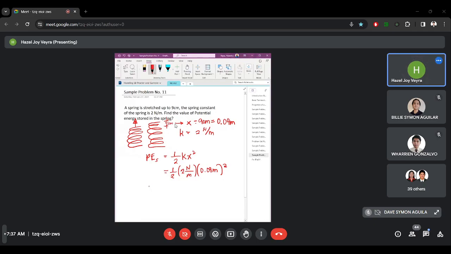The potential energy that the spring contains is 8.1 times 10 raised to negative 3 newton meter. And remember, newton meter is equal to joule. So this is your final answer.